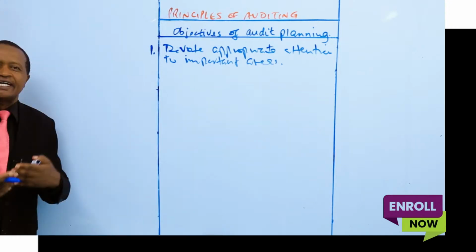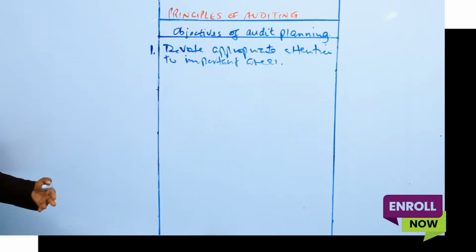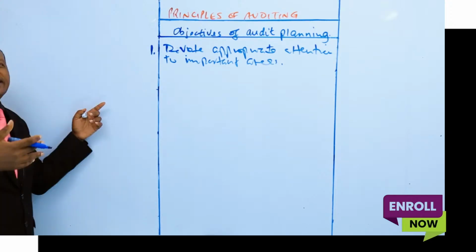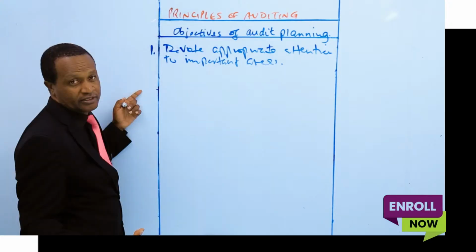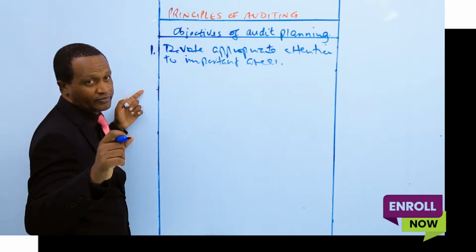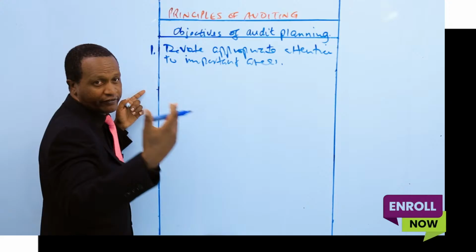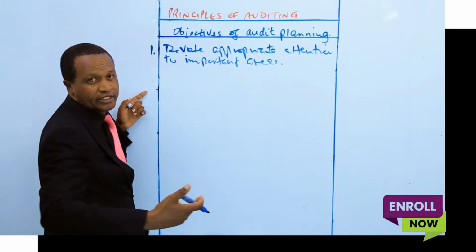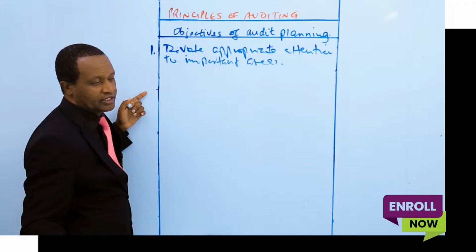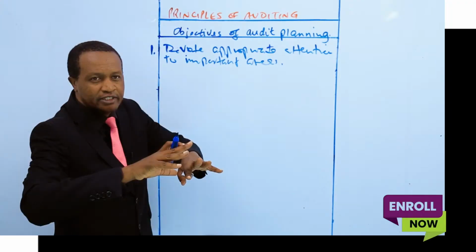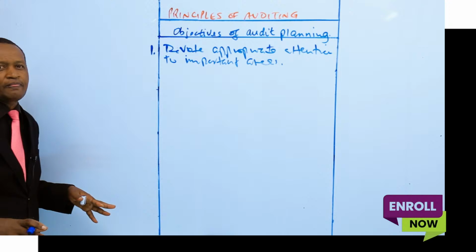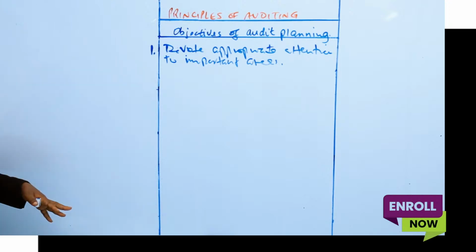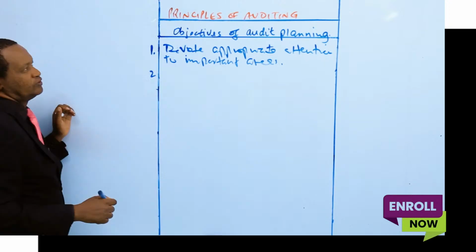Planning helps the auditor identify and prioritize the areas of the financial statements and operations that carry the highest risk of material misstatements. And that ensures that there is sufficient audit effort and resources directed towards the critical areas rather than being spread thinly across all the aspects of the financial statements. That's the first objective of audit planning.